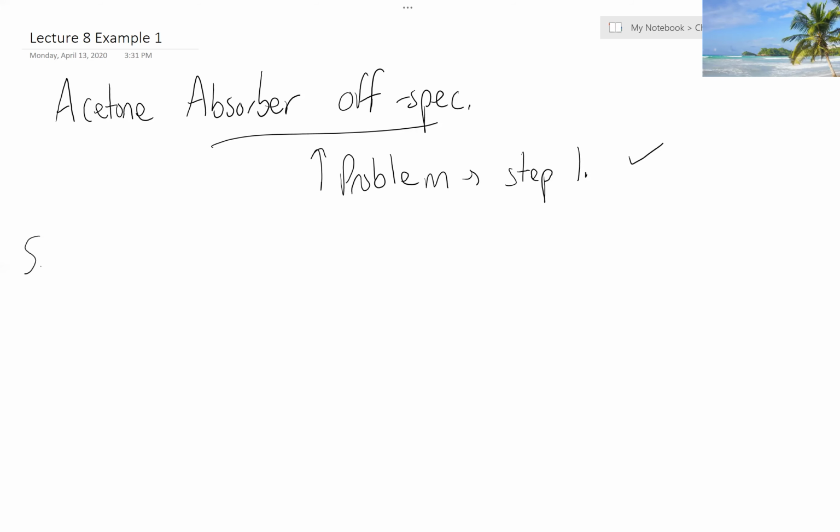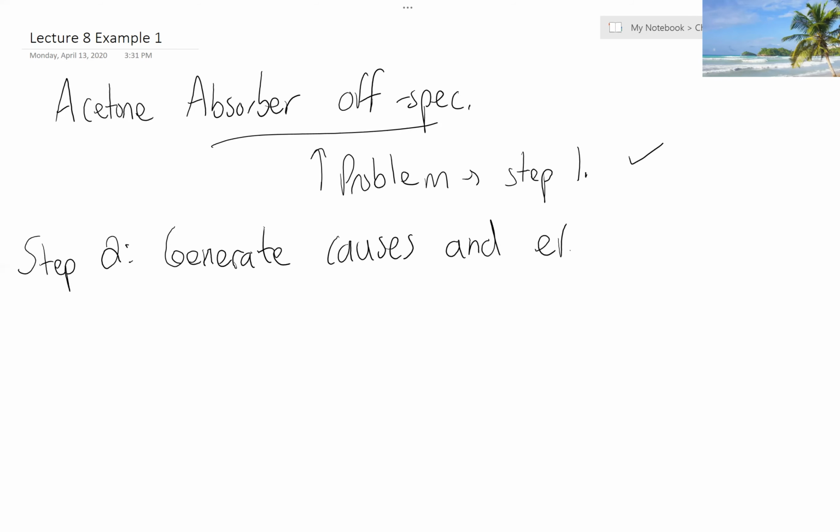Step 2 is to generate causes and effective solution strategies.